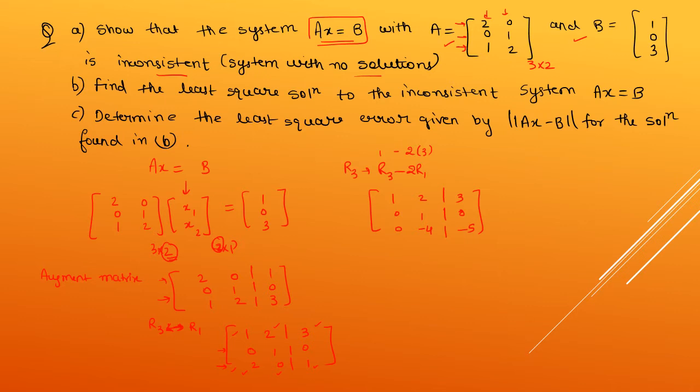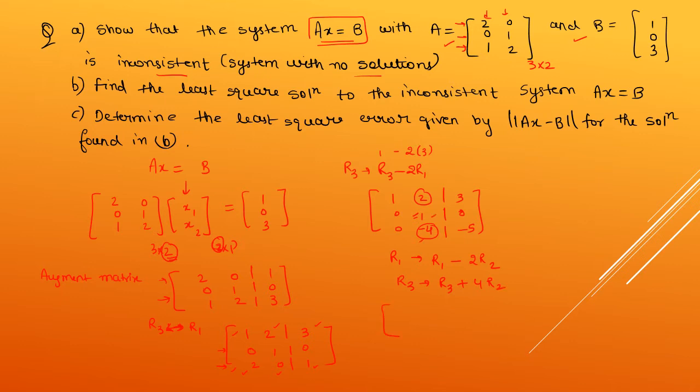Now we have another pivot here, so we have to create these two as zeros, right? So for R1, we can create 0 by taking away 2R2. And then for R3, if we simply add 4R2 here, then minus 4 plus 4 will become 0, right?